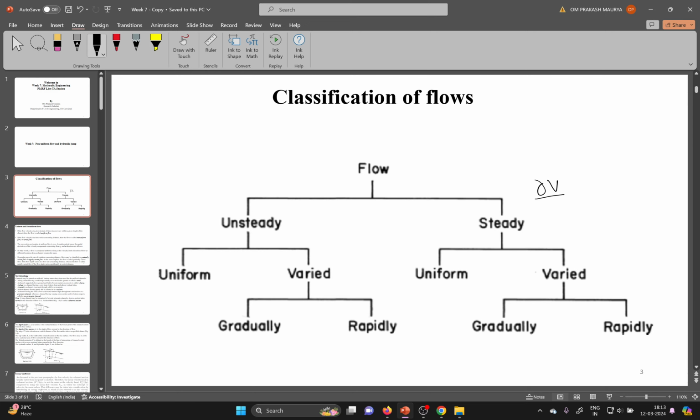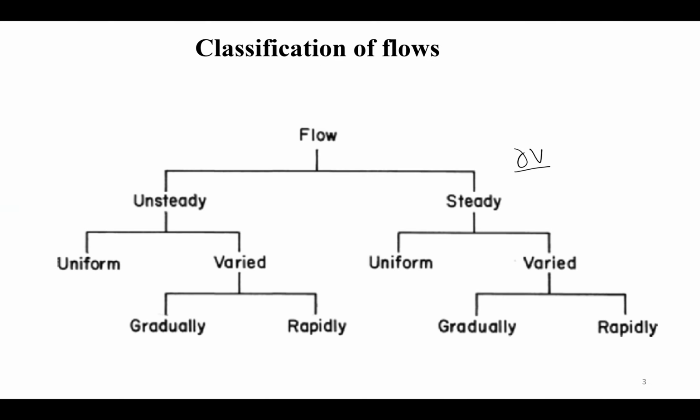Let me put it in full view mode. For unsteady flow, dv by dt does not equal 0. For steady flow the change in velocity is equal to 0, and unsteady is just the opposite. Previously I discussed it conceptually.